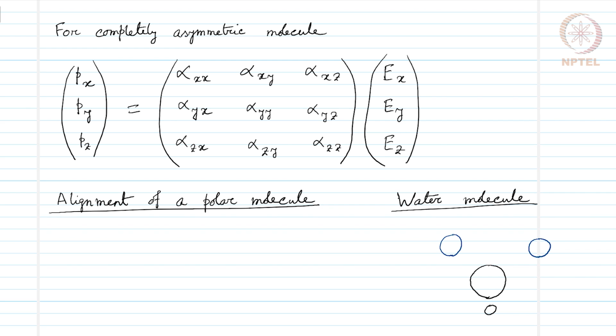And if I connect the nucleus from the hydrogen atom to oxygen atom, hydrogen atom to oxygen atom, we get an angle here. This angle is 105 degree. So, let us mark the atoms. This is a hydrogen atom, this is a hydrogen atom.